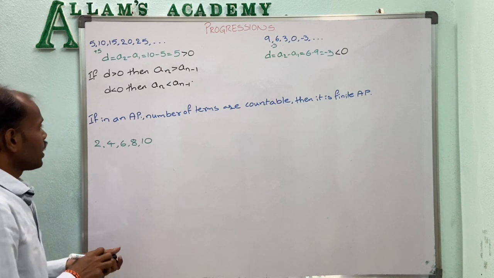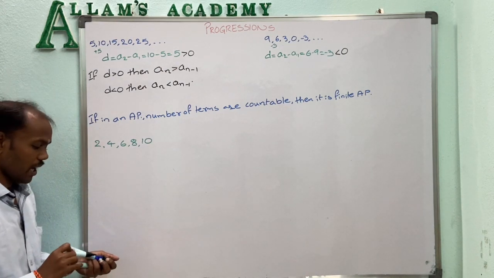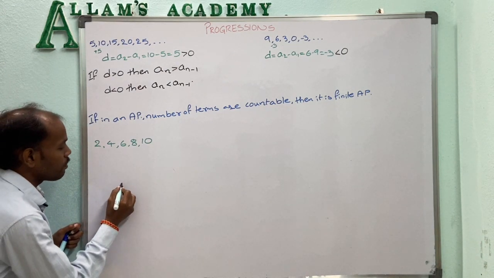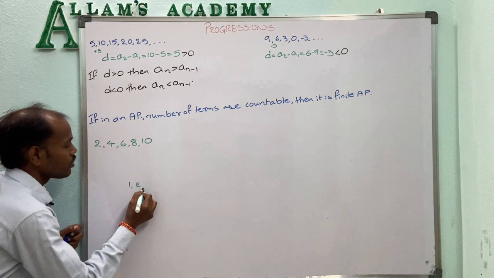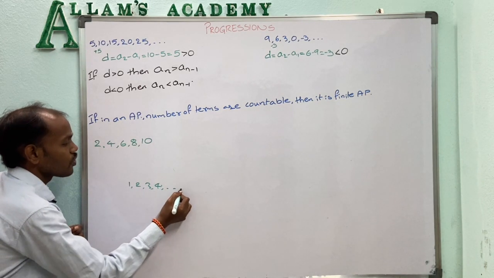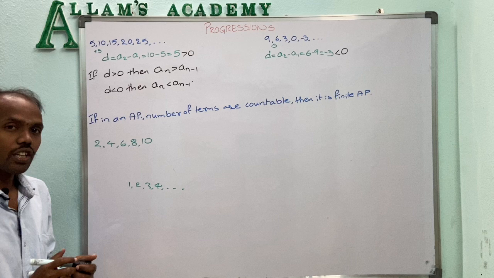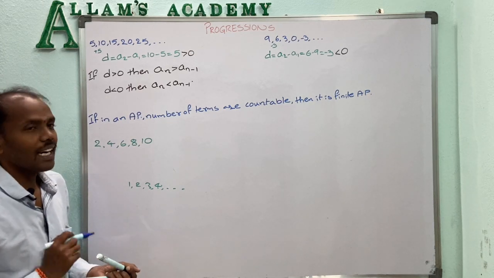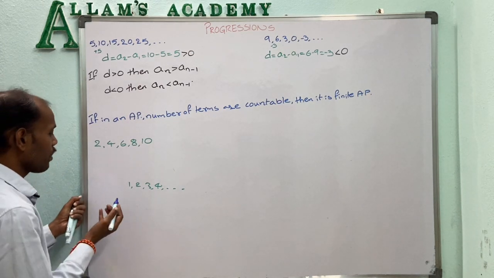So if the number of terms in an AP, that is 1, 2, 3, 4, and so on, is uncountable, then it is called an infinite AP.